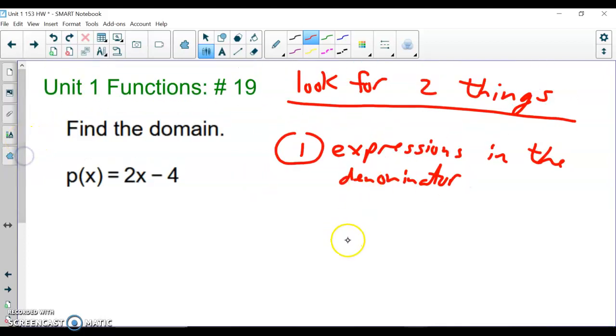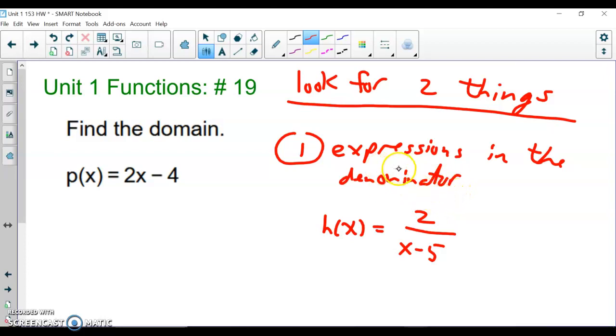As an example, maybe I've got a function f of x equal to 2 over x minus 5. Well, I've got an expression in the denominator. There is a division operation going on in this function, and we know we can't divide by 0.